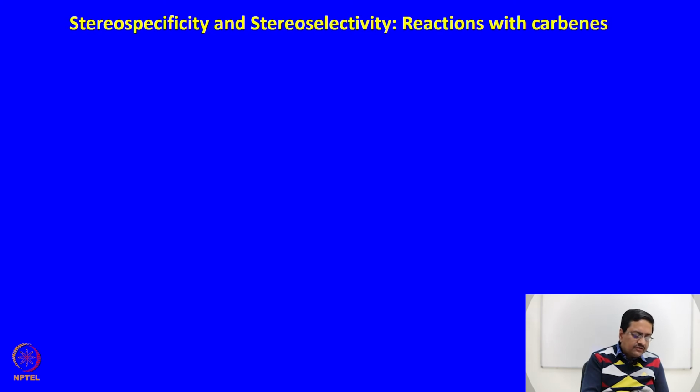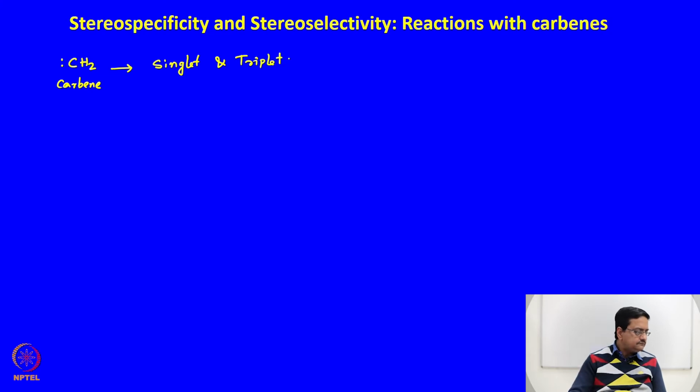We have discussed in one of the previous lectures that the species CH2 with a double dot is called a carbene or methylene carbene, and this methylene carbene can exist in two different forms, singlet and triplet. These two different forms of this carbene are different in terms of their bonding.